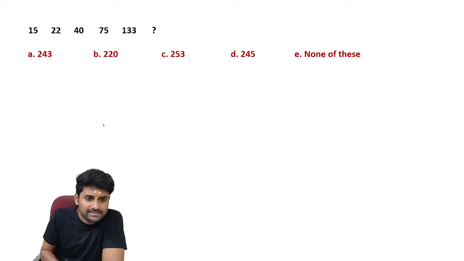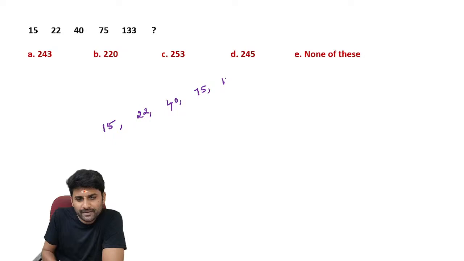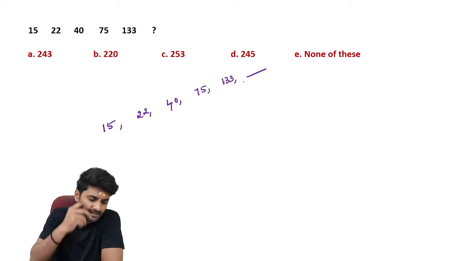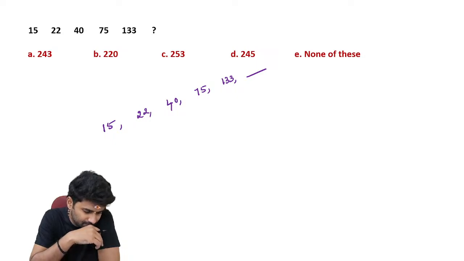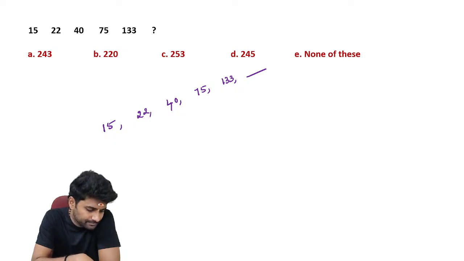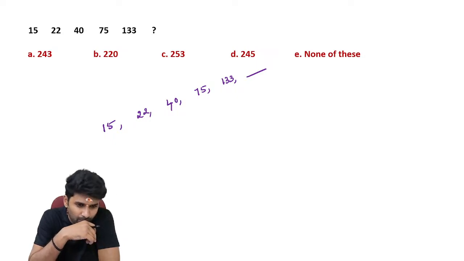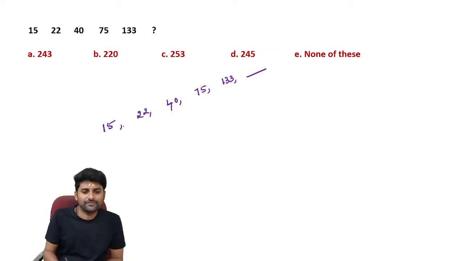Now see, find these here the numbers 15, 22, 40, 75, 133 dash. Now again see if all the numbers are nearer, just find the difference. 15 and 22, 7 units.